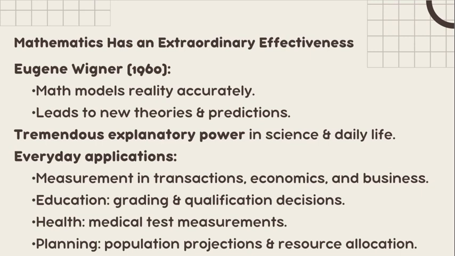So, according to Eugene Wigner, math models reality accurately. So it also leads to new theories and predictions. So we need not visit the fundamental laws of physics, all of them rendered in math language, to see once again the extraordinary usefulness of mathematics.